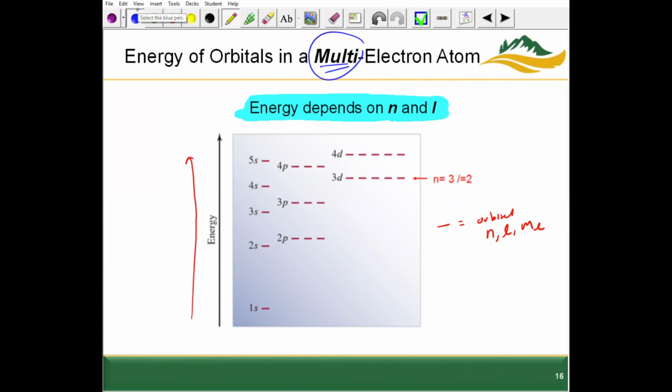Each orbital can hold up to 2 electrons. So within each red line here, we can fill that with up to a spin up and a spin down, where this represents 1 electron as spin up, this represents 1 electron as spin down.